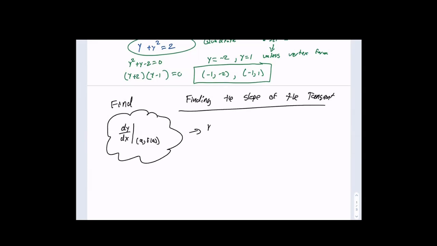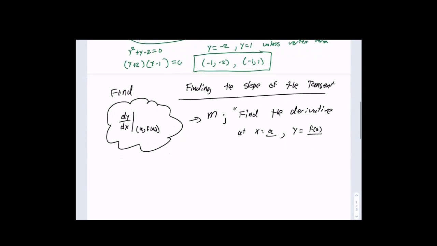And so, of course, this is an m, but it should also be known as find the derivative at x equals a, y equals f of a. So find the derivative slash slope.